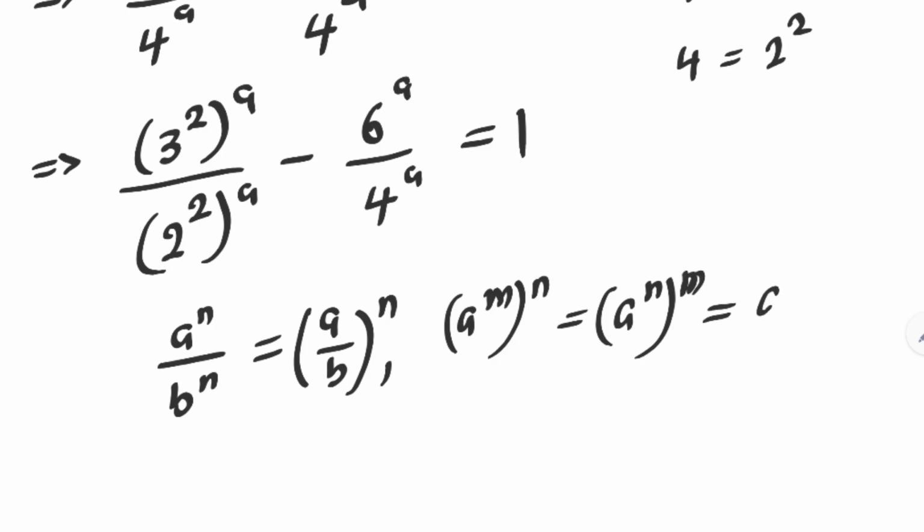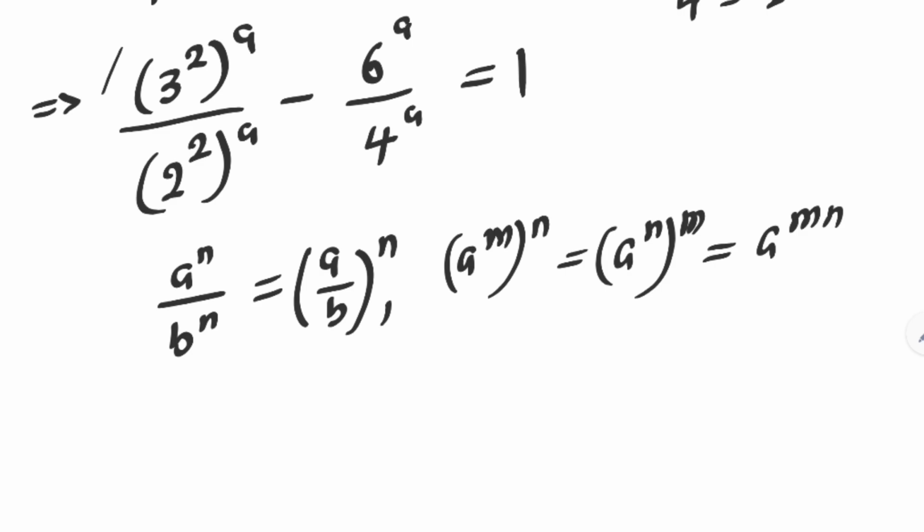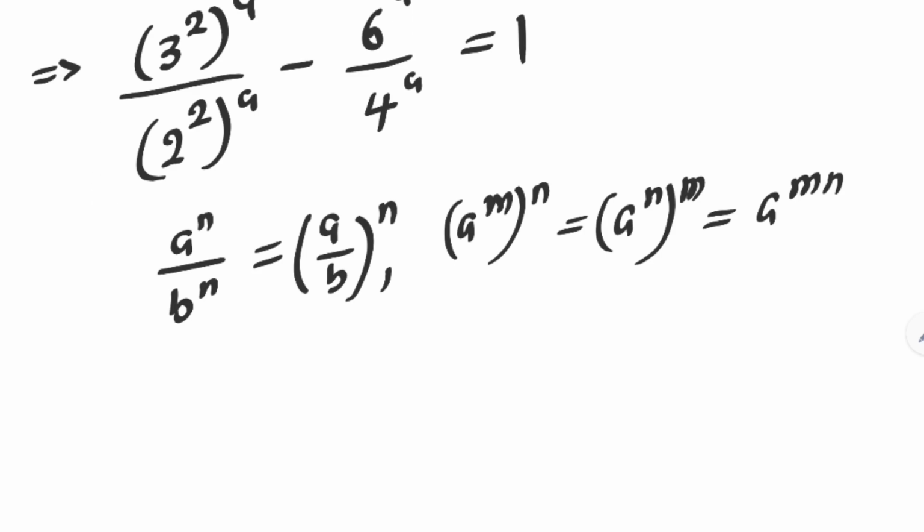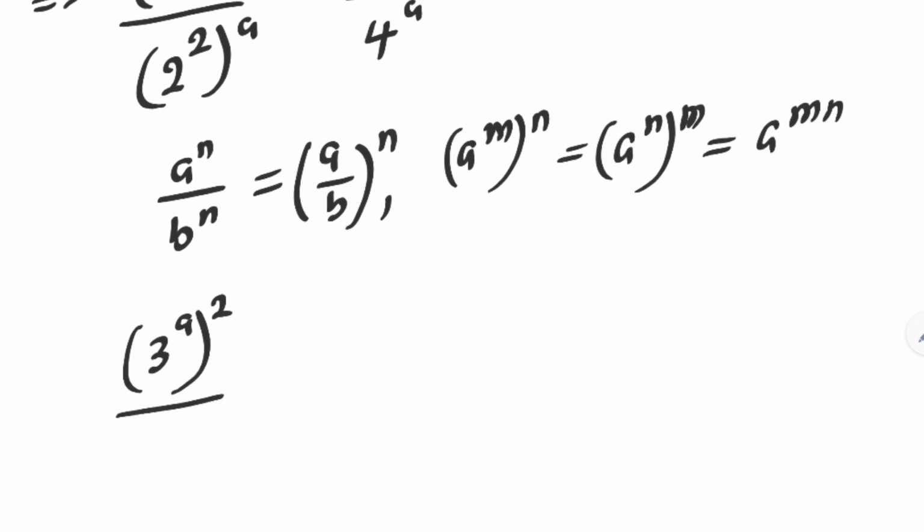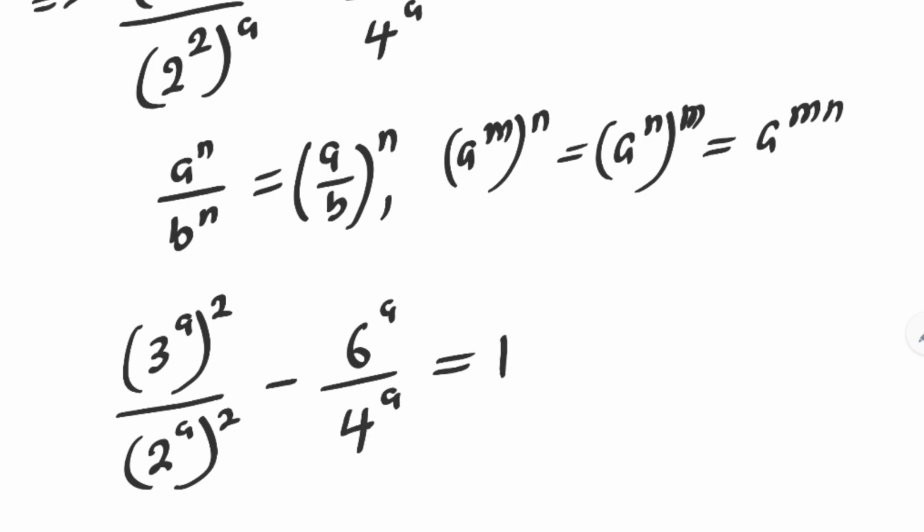This is equal to A raised to power mn. Then this can be written as 3 raised to power A all squared divided by 2 raised to power A all squared minus 6 raised to power A divided by 4 raised to power A is equal to 1.